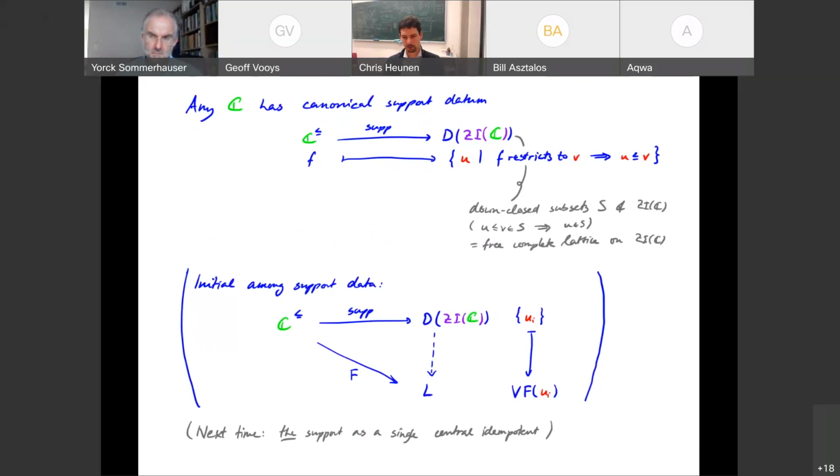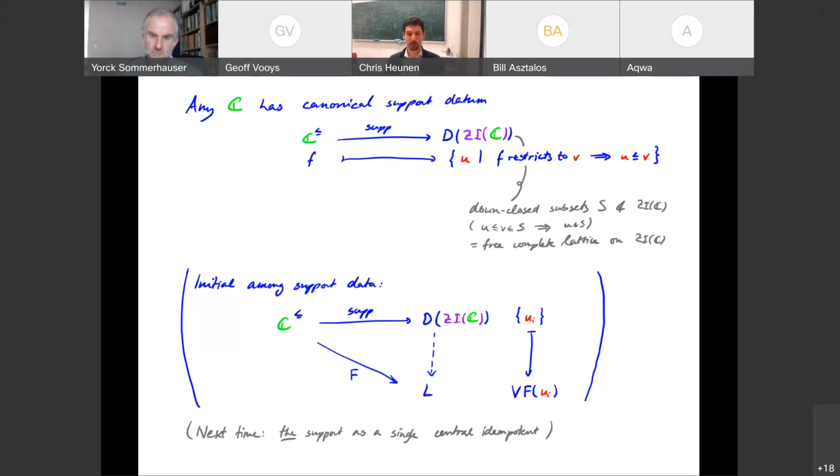Now, I had to do this formal completion here because, as we've seen, the central idempotents form a semilattice only, and they might not have any more structure than a semilattice. For example, we had the example of a semilattice itself. Right? So any semilattice can occur as the central idempotents of some category. You can't expect more structure. Next time, we'll talk about what happens if they do have more structure.